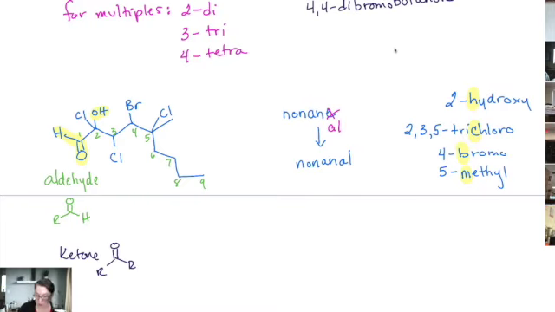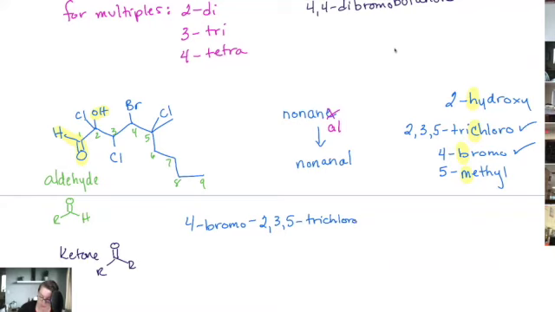All right. So I'm going to do my substituents first. I'm going to do them in alphabetical order. So the first one is bromo. So I'm going to have 4 bromo, dash, and I'm going to put a little check mark because I did that one. Next one is C. So I have 2, 3, 5 trichloro.